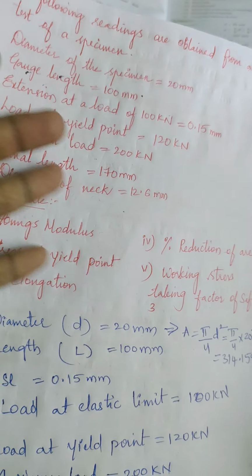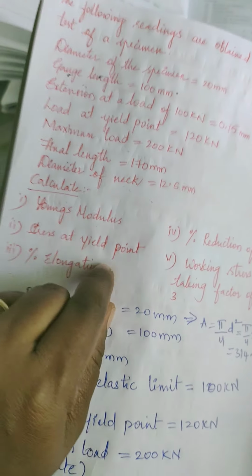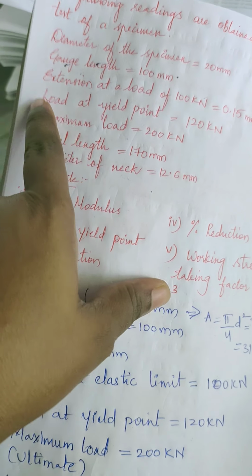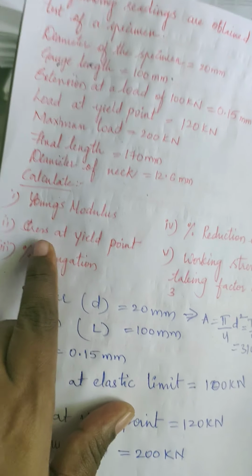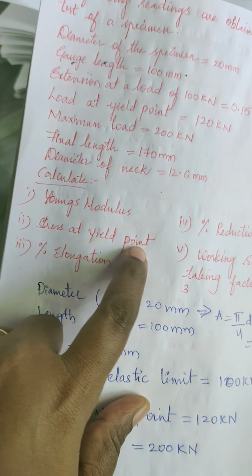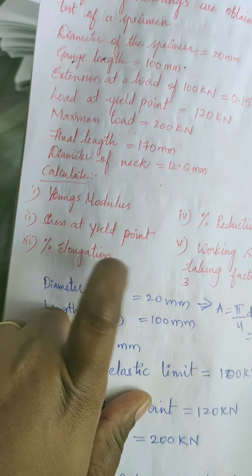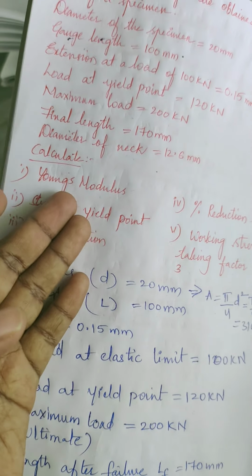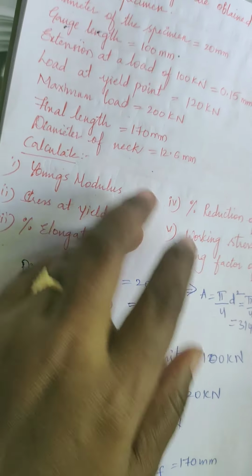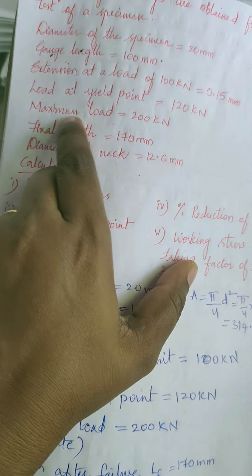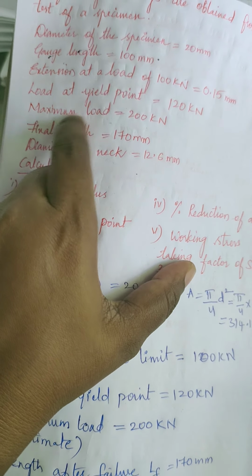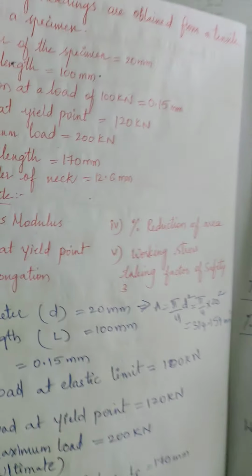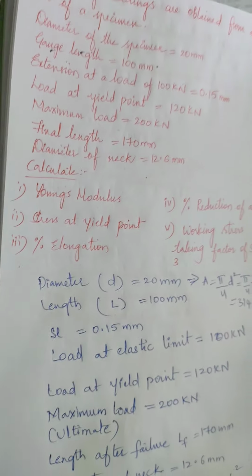If they ask you stress at yield point, you should be readily perfect to find out the load at the yield point. So stress at the yield point means load at the yield point by area. Next, if they ask you stress at the ultimate point, then you have to take the maximum load, that is load at the ultimate point by area. So likewise you have to calculate the problems.